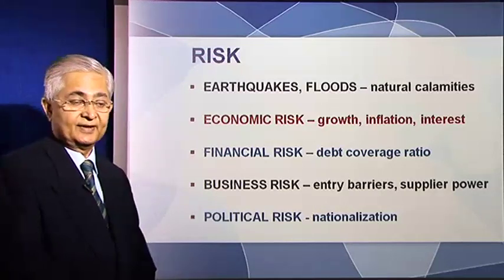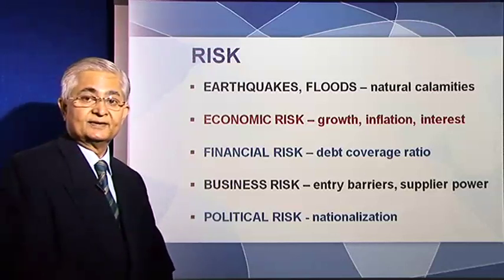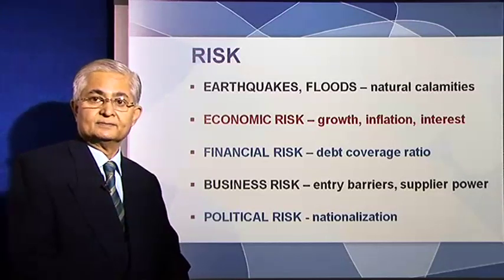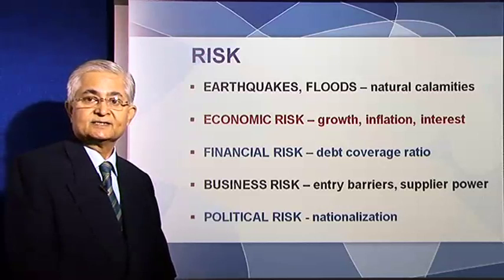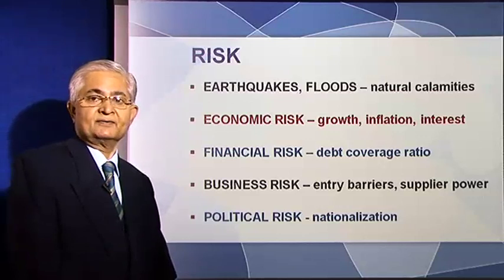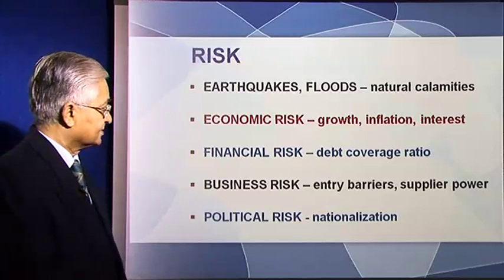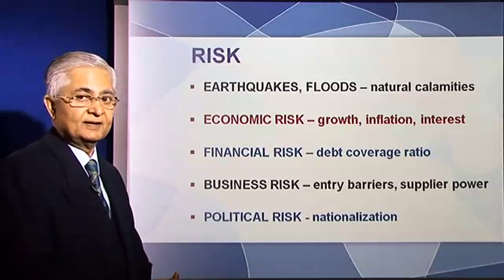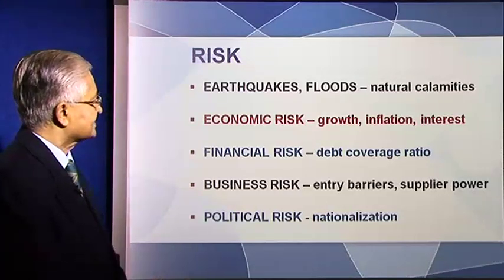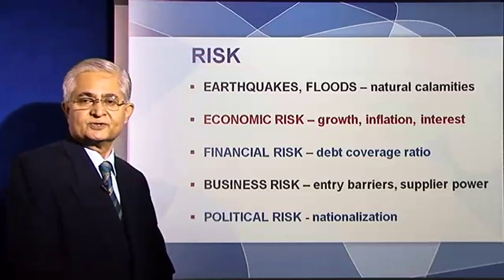Therefore, it is entirely possible that the IOC could, in the near future, stand to lose this $1 billion, or a significant part of this $1 billion that it has invested in Russia. So that's the political risk element. These are the kinds of risks that we are talking about when it comes to strategic option evaluation.